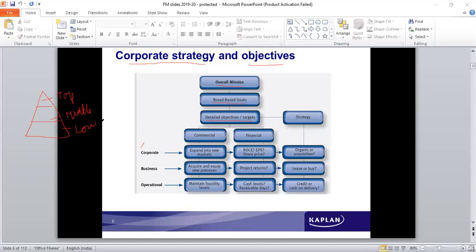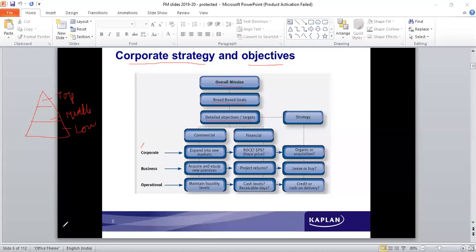At the top level, the top management's role is to plan for the organization as a whole.